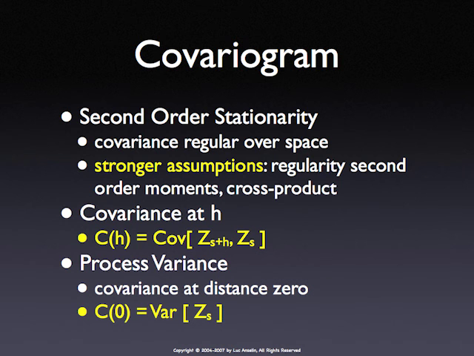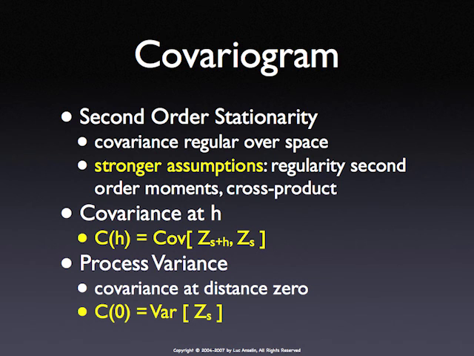And then for each distance, we can have the covariance between the random variables that are a distance h apart. So we compare s plus h, which means s being the location shifted by h, with s itself. And we can do this for any distance, including a distance of 0.